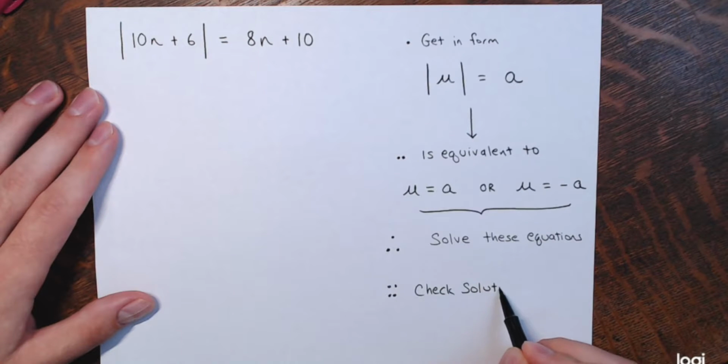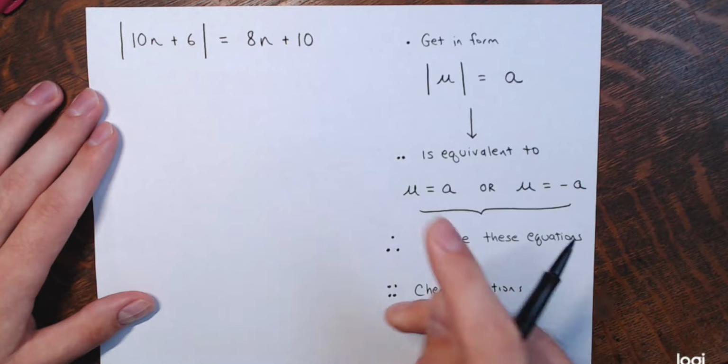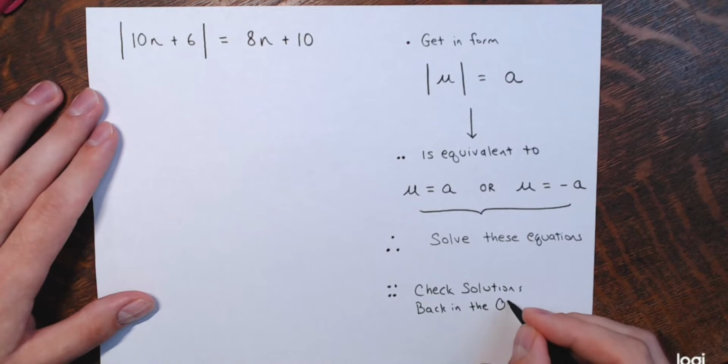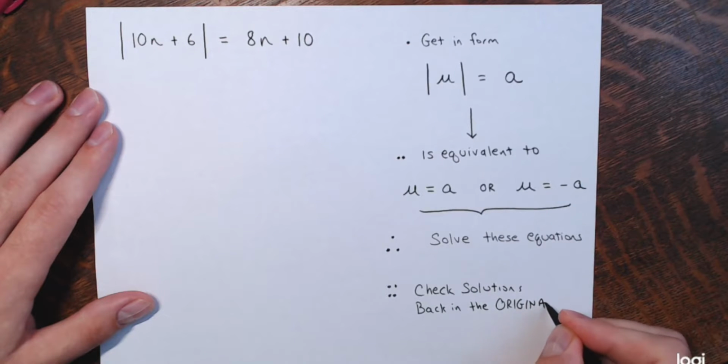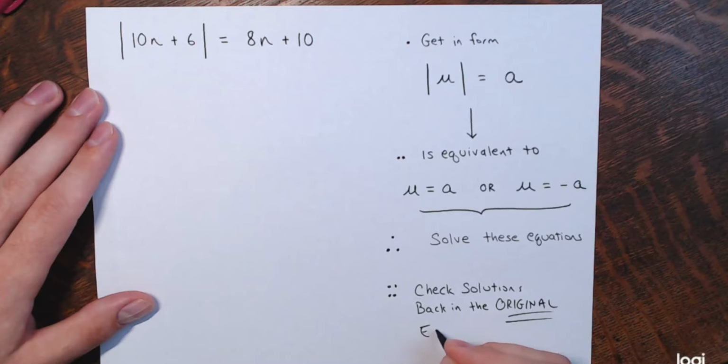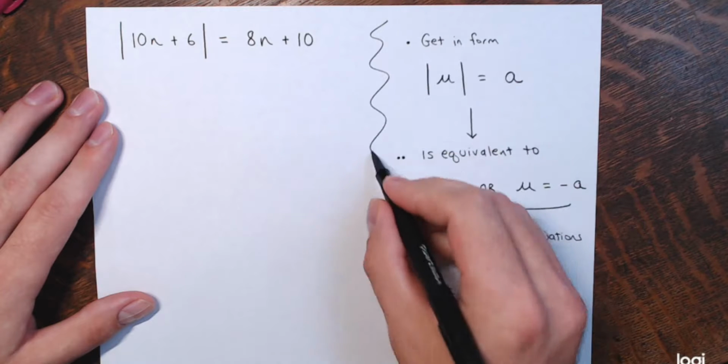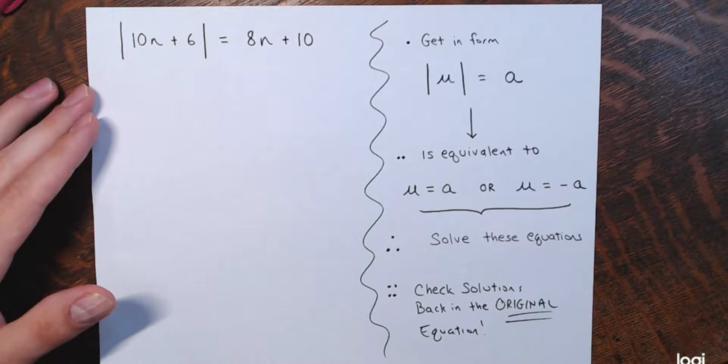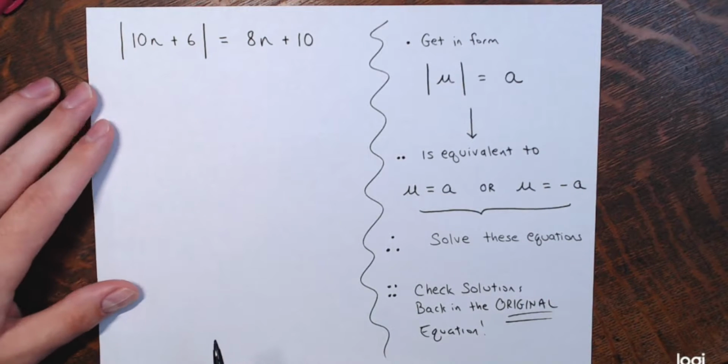Right, check your solutions, and you always check solutions back in the original expression, right? Back in the original equation. Alright, so I'm going to be following these steps every single time.